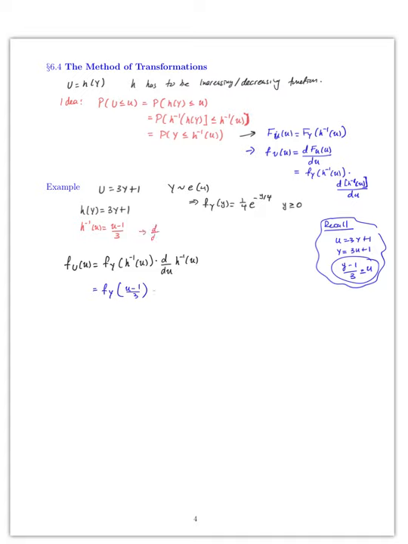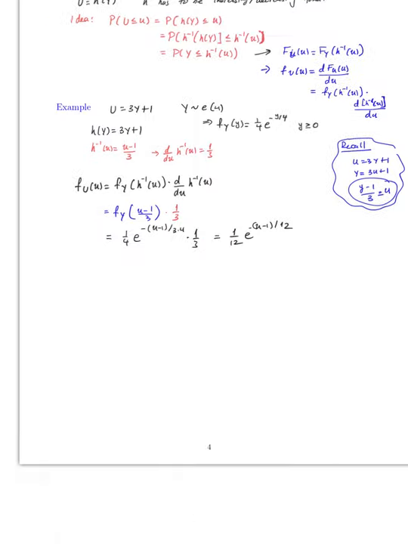Notice the derivative with respect to u of h inverse of u is just equal to 1/3. So therefore this will be 1/4 e to the minus (u minus 1 over 3) over 4 times 1/3. So this will be 1 over 12 e to the minus (u minus 1) over 12, which is exactly what we got in 6.3.